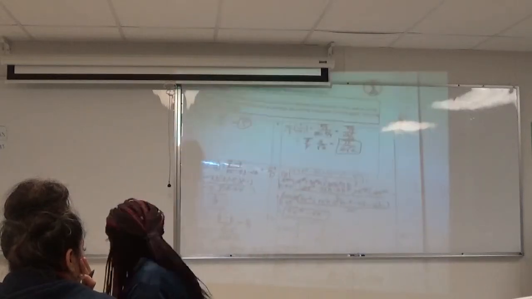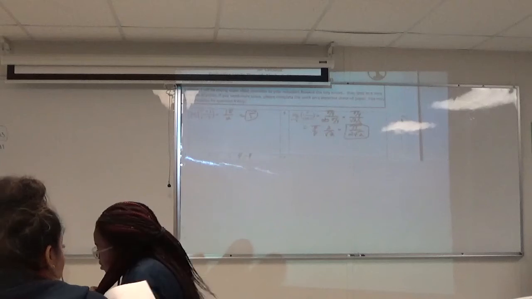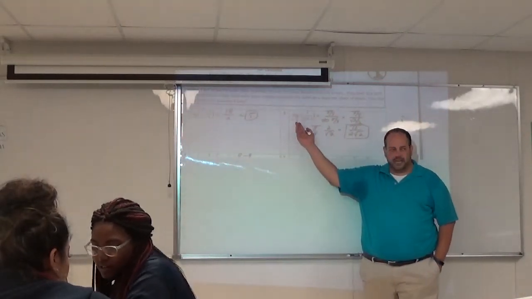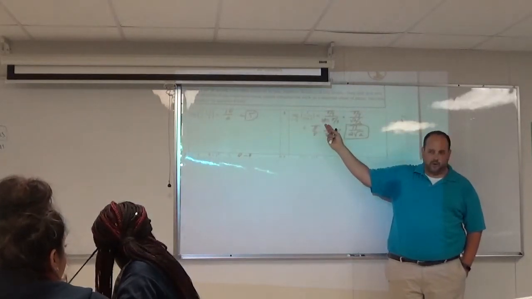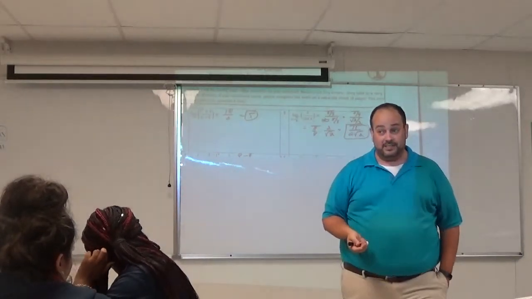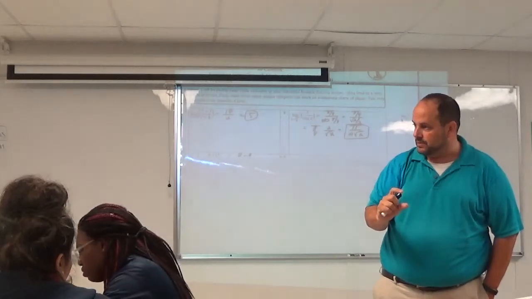Okay, number 5 rocked the world last period. Number 5, if you just plug in, you get pi over 4 divided by cosine of pi over 4. And even if you don't know what cosine of pi over 4 is, I know it's not 0 over 0.